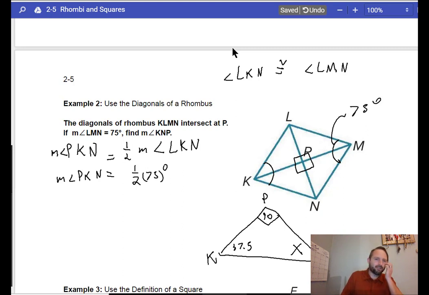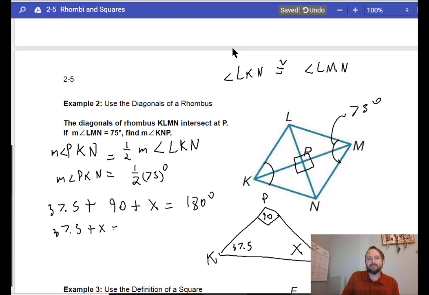Now all I have to do is use the triangle angle sum theorem, which says these add up to 180, and figure out what I'm missing. 37.5 plus 90 plus x is equal to 180. If I subtract it out, I get 37.5 plus x is equal to 90.